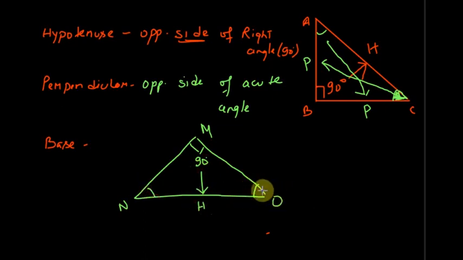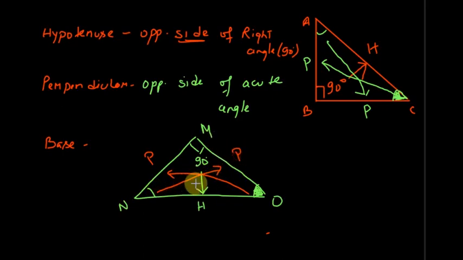Let's say I've selected O as the acute angle. As per acute angle O, our perpendicular will be MN. But if we change the acute angle and select M as the acute angle, then our perpendicular will be NO.